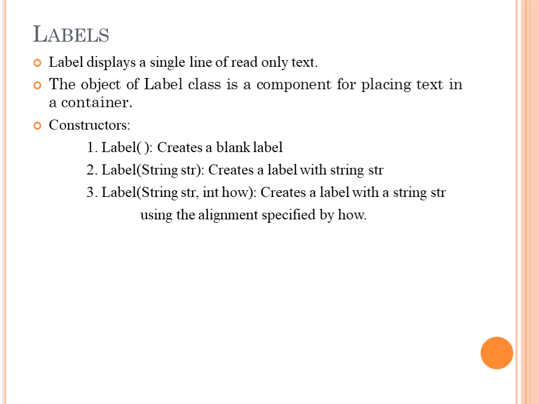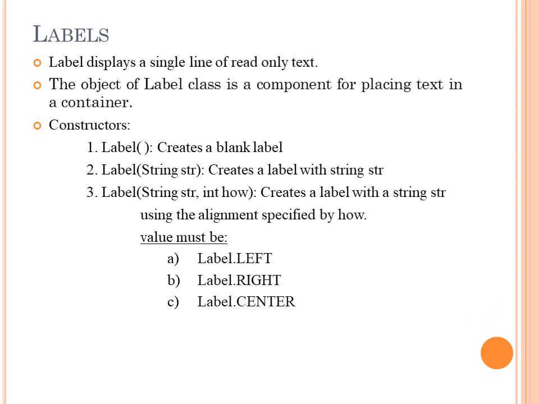Now it creates a label with string str using an alignment specified by how. Now there are three values for how. The first value is Label.LEFT, second one is Label.RIGHT, and third one is Label.CENTER. Means you can align the label either at the left side, right side, or in the center.